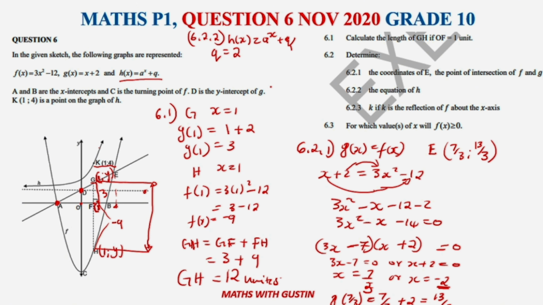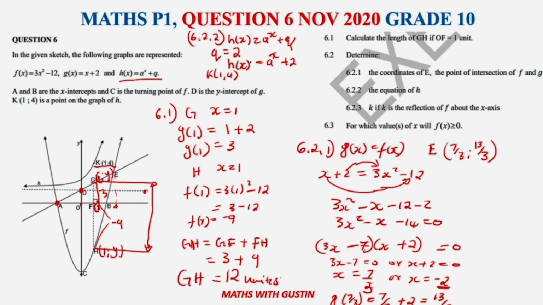Okay, so we can substitute that 2 here: a to the power x plus 2. But k, they've given us k. They said it's (1; 4).